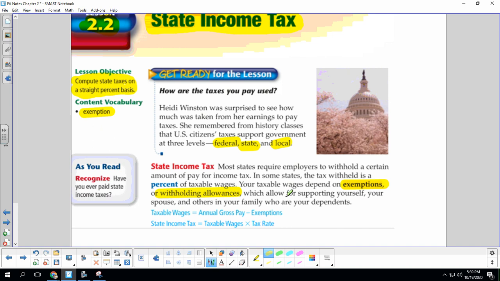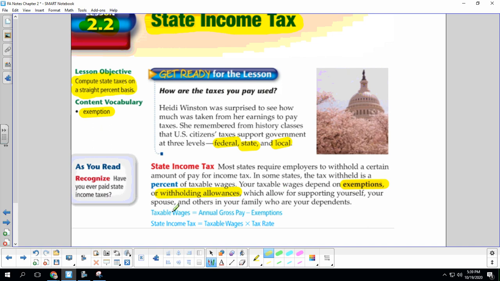dependents. And unfortunately, my sweet, sweet students, if you're taking this class, you're probably a high school student, and you probably will not have dependents or even be supporting yourself. So those two things have to happen in order to get exemptions, which if you have enough exemptions and your employer takes out more taxes than necessary because you're not counting for the exemptions, then you get a return.